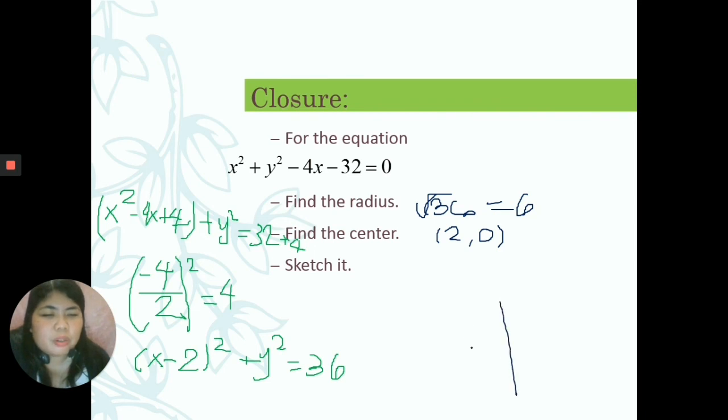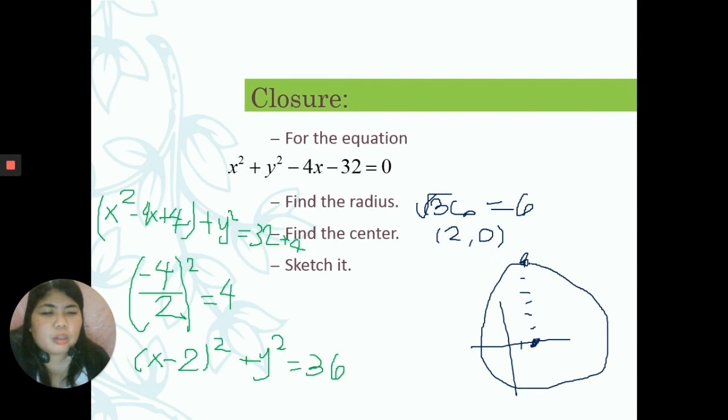If we're going to sketch it, find (2, 0), and then the radius is 6. Just count 6: 1, 2, 3, 4, 5, 6. And then circle it.